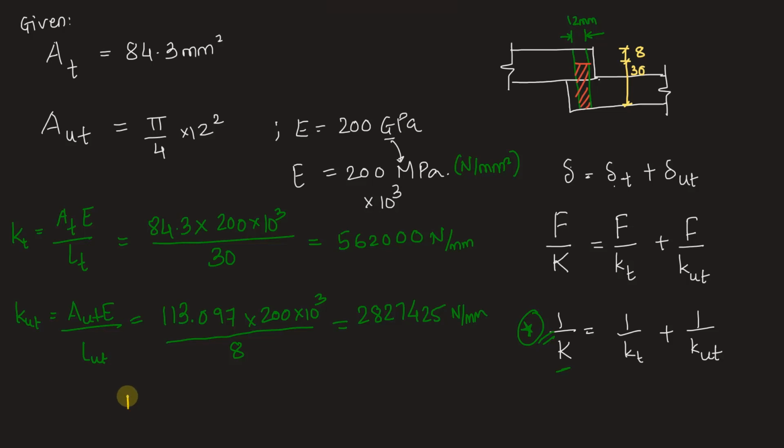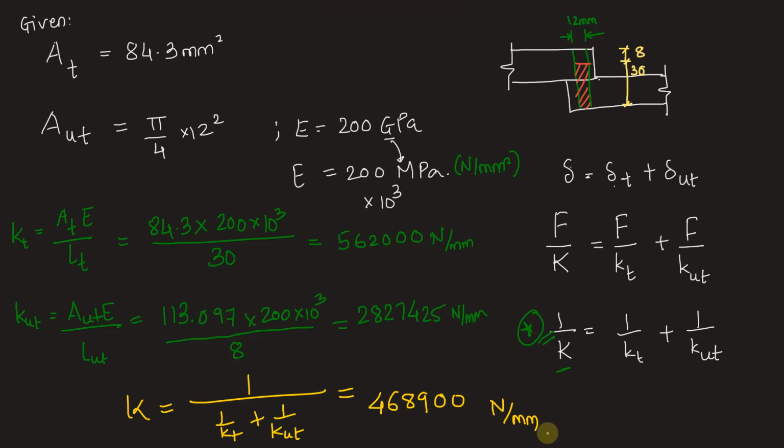Let's now find out capital K. Capital K will be 1 divided by (1/KT plus 1/KUT). After substitution and calculation in the digital calculator, we get the value of K as approximately equal to 468,900 Newton per millimeter.